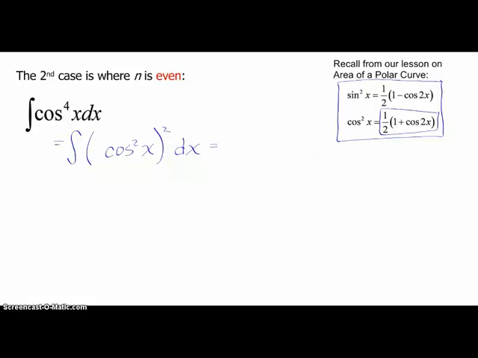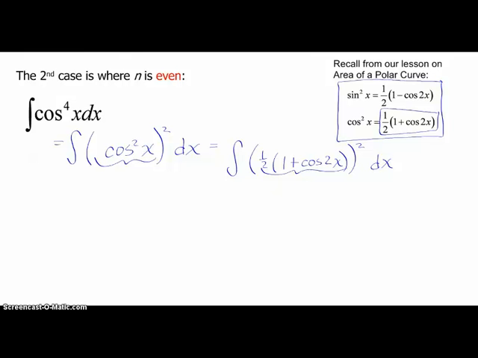I'm going to have to manipulate my integrand to get it into a form where I can actually evaluate it. And so I'm just going to make that straightforward substitution for cosine squared: 1/2 the quantity 1 plus cosine of 2, not theta, sorry, 2x. And that quantity gets squared because this is equivalent to what's inside that parentheses. Do you see that?